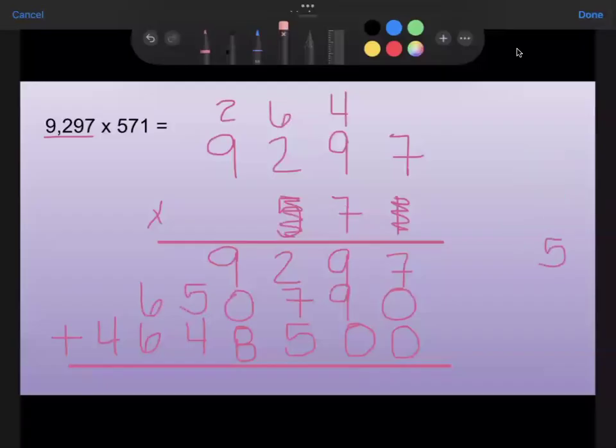Okay, now I'll go ahead and add it up and see if it matches the answer I got when I initially did this. Okay, 7, 0, and 0 is 7. 9 and 9 is 18. So 8 here and 1 here. 1 plus 2 is 3. 3 plus 7 is 10. 10 plus 5 is 15. So a 5 here. Okay, we're looking good so far. It's matching my original answer. 1 plus 9 is 10. 10 plus 8 is 18.